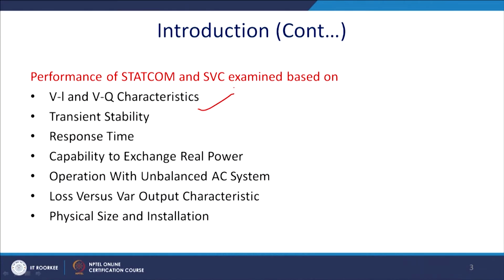We shall continue with this presentation layout: the VI characteristics of SVC and VQ characteristics, that is the reactive power handling capability of both SVC and STATCOM. Then we will see how they handle or ensure transient stability, how fast they react, the response time, the capability to exchange real power, and whether they can be added to compensate reactive power as an add-on or for retrofitting purposes. Then operation with an unbalanced AC system, if there is a source unbalance or, due to some switching, the inductance values are different, or some load unbalance.